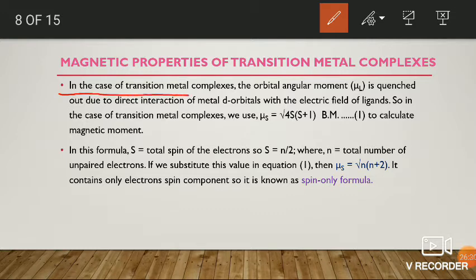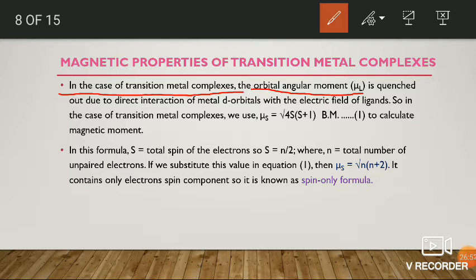But in the case of transition metal complexes, in order to calculate the total magnetic moment of transition metal ions in their complexes, we have to nullify or neglect the mu L value.